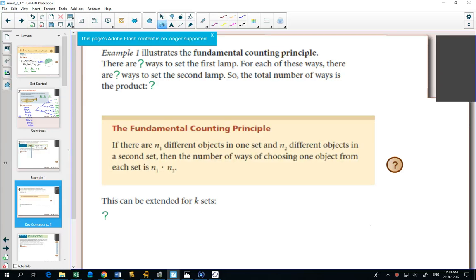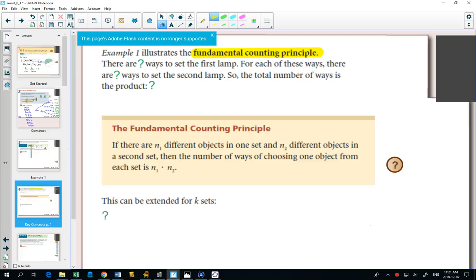Now, the fundamental counting principle in words says if there are n1 different objects in one set and n2 different objects in a second set, the number of ways of choosing one object from each set is n1 times n2.